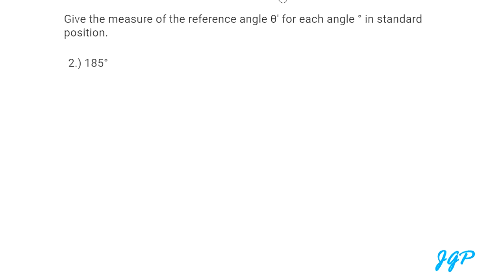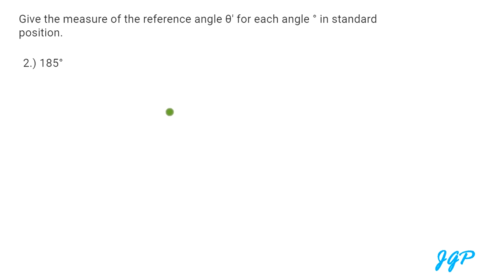Okay, let's have number 2. Okay, number 2 is 185 degrees. First step, find the location of your angle. 185 degrees is located in quadrant 3. And the formula for finding the reference angle in quadrant 3, we have the reference angle is equal to the theta given or the angle given minus 180 degrees.